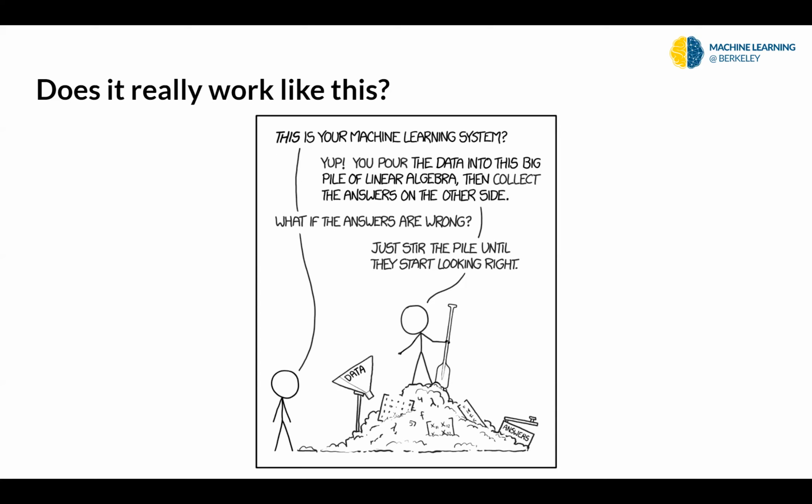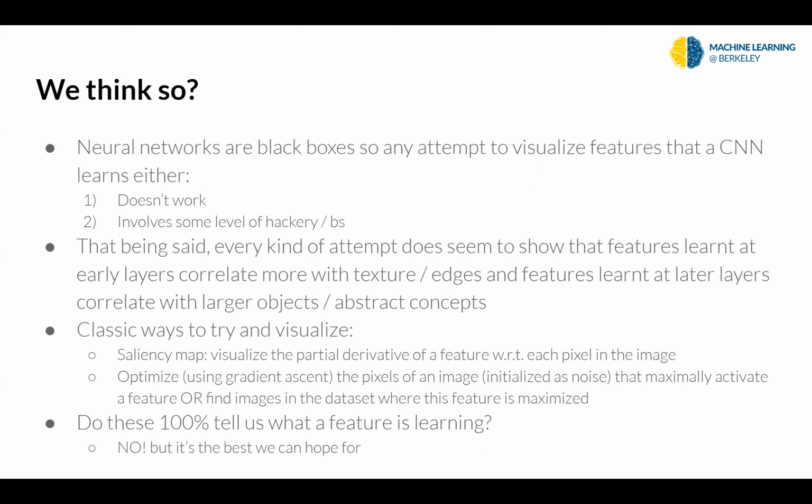And so this is the part of machine learning where it's not really interpretable, right? We can't say this layer is extracting exactly this feature, right? And at the end of the day, neural networks are some sort of black boxes, right? We think CNNs learn these kinds of features.